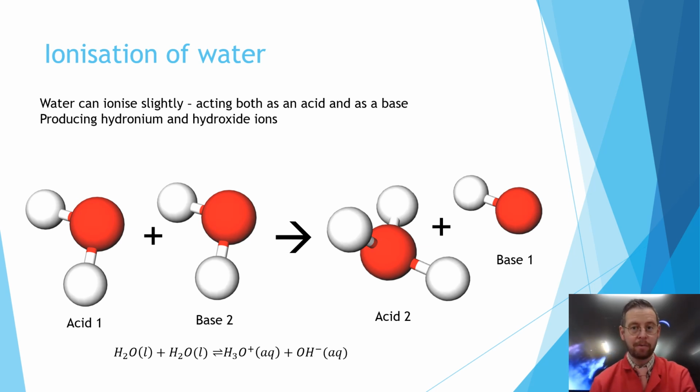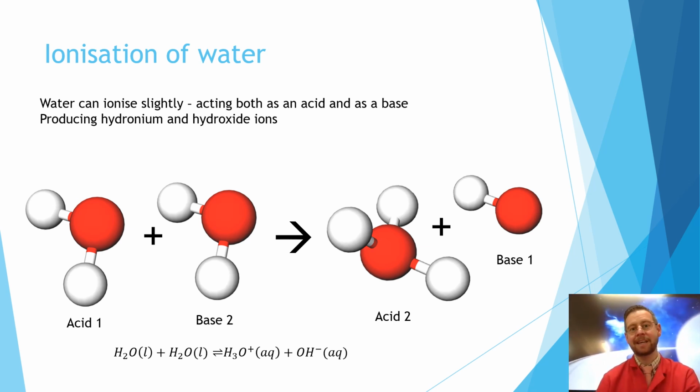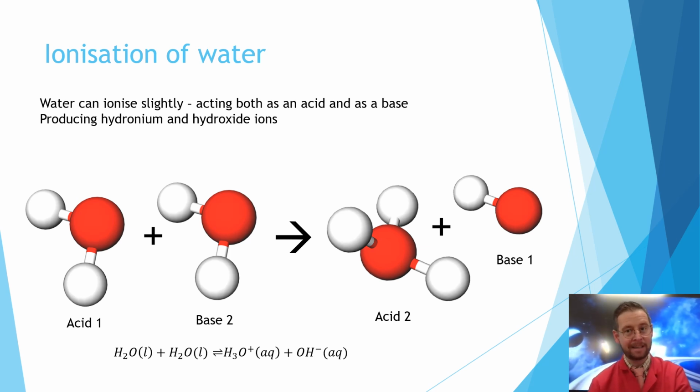Whereas the other water molecule that has donated the H+ has acted as the acid in this situation. So water is simultaneously acting both as an acid and as a base, and this is only to be expected because when it dissociates it ends up with H+ ions, the acid component, and OH- ions, the alkali component.